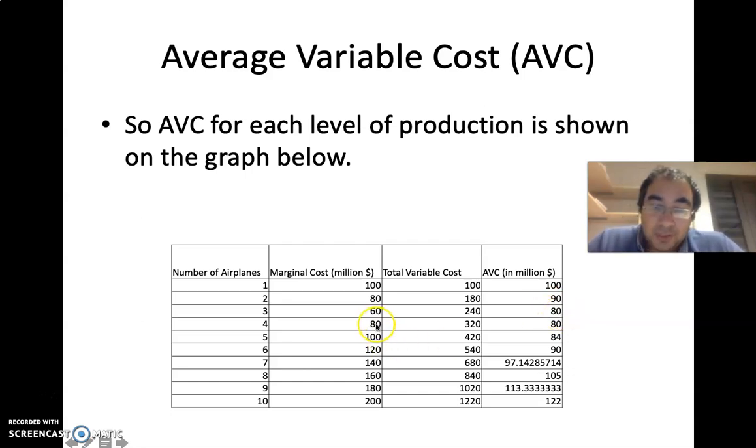Adding the fourth unit will increase the cost exactly by the same amount, which is equal to the average cost, then in that case it won't have any effect on the cost. I mean, that's the case when the student you add to the classroom has exactly the same grade as the average grade. And when you increase the quantity from 4 to 5, when adding another unit increases the cost more than the average variable cost, in that case average variable cost will increase. That's the case when the new student has a higher grade. In that case, the average grade will move up.